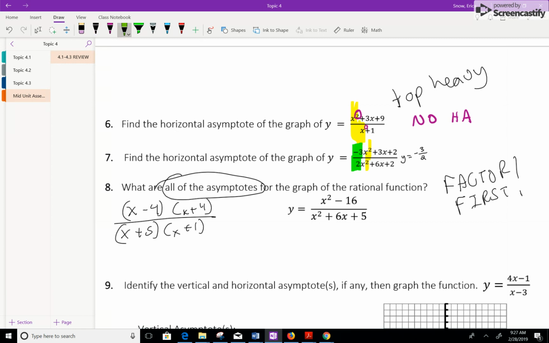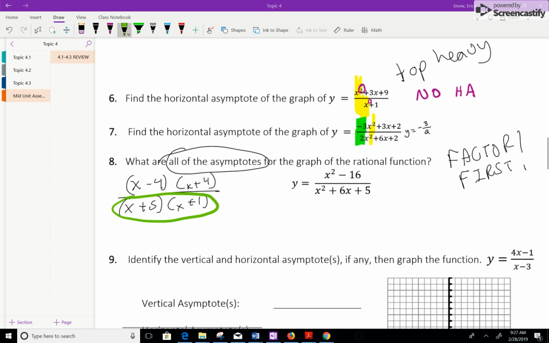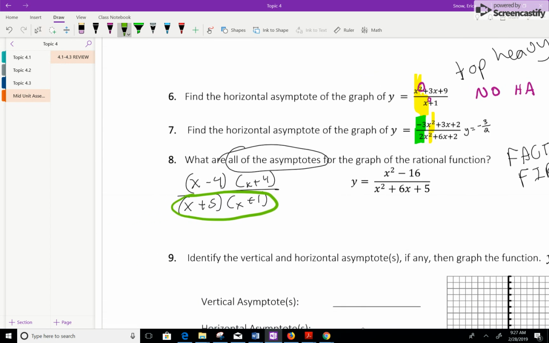So to get our vertical asymptotes, we're going to set the bottom equal to 0. So x plus 5 equals 0, x plus 1 equals 0. So x equals negative 5 and x equals negative 1. So vertical asymptotes are at x equals negative 5 and x equals negative 1.